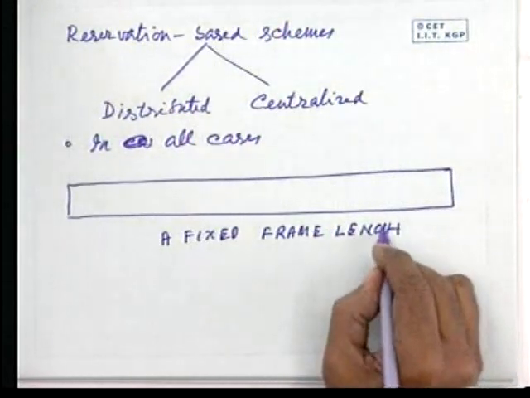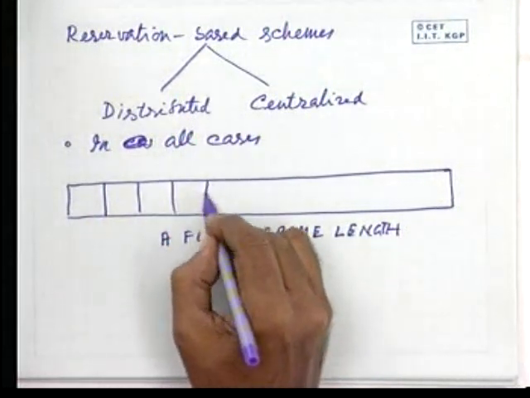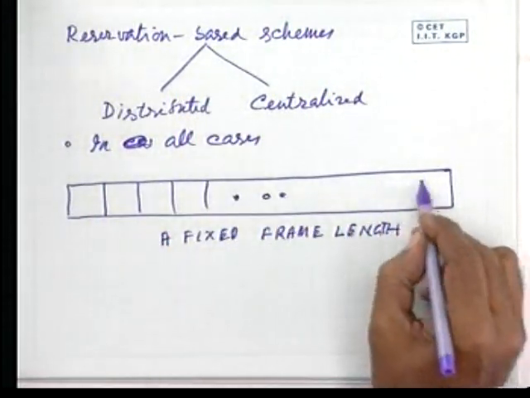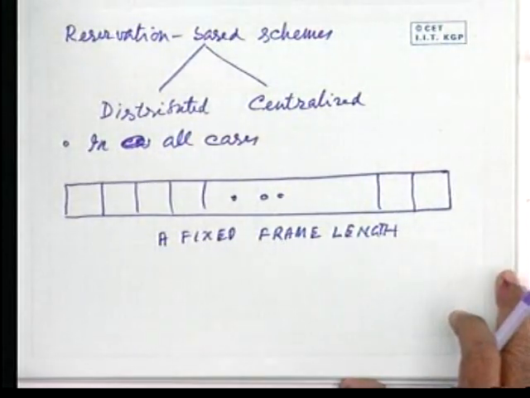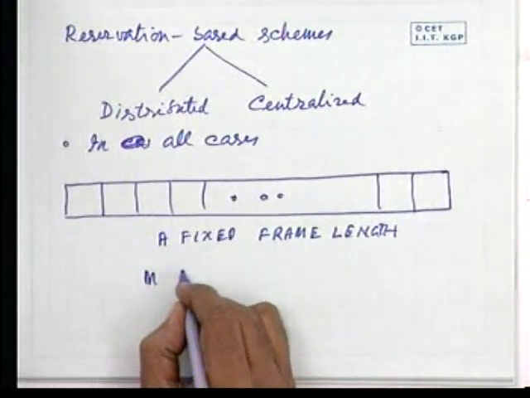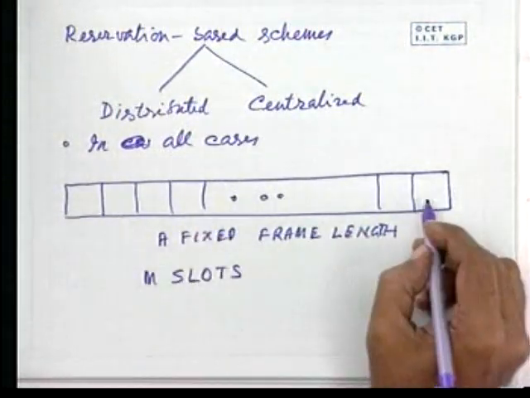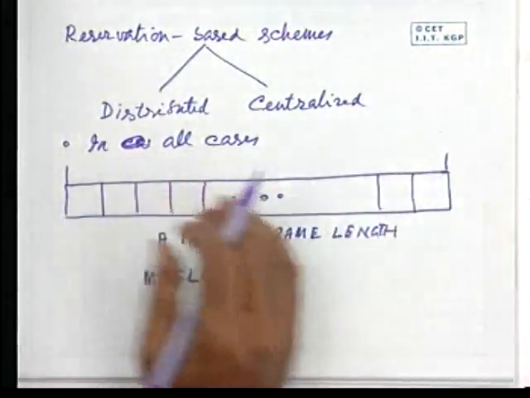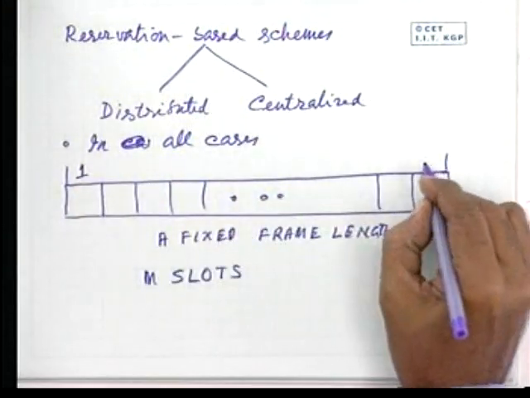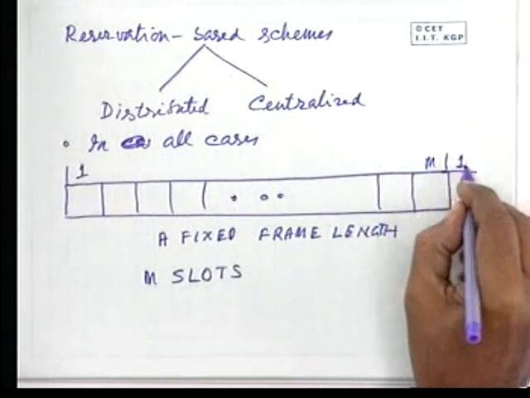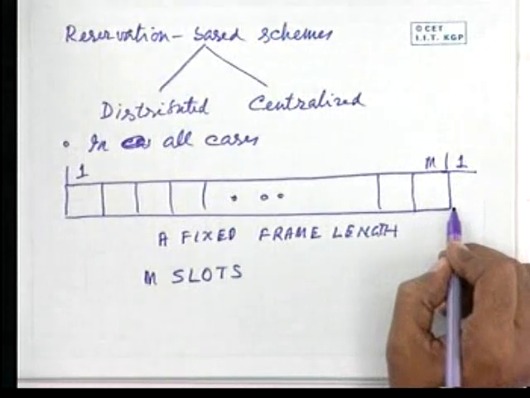And this frame is divided into a number of slots. Let there be m slots in each frame. Then this frame is repeated one after the other. So this is frame number 1, this is frame number m, and then frame number 1 will come, and so on. So all these schemes are based on this concept of frame.